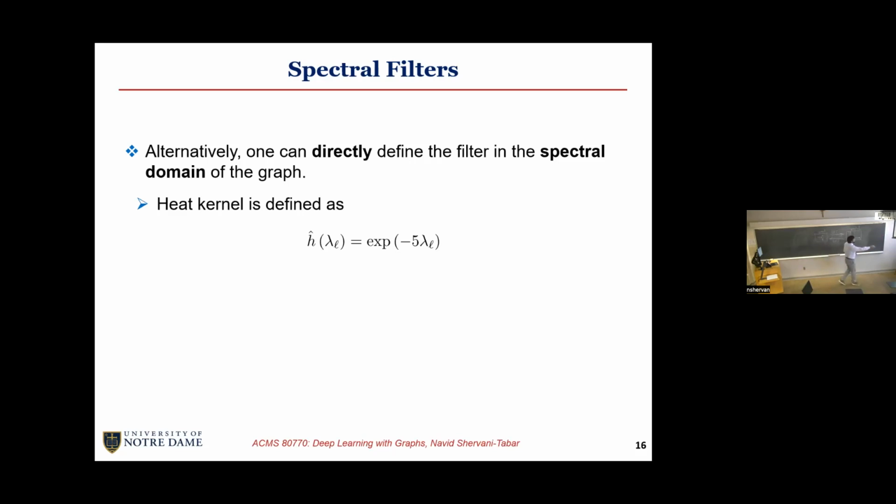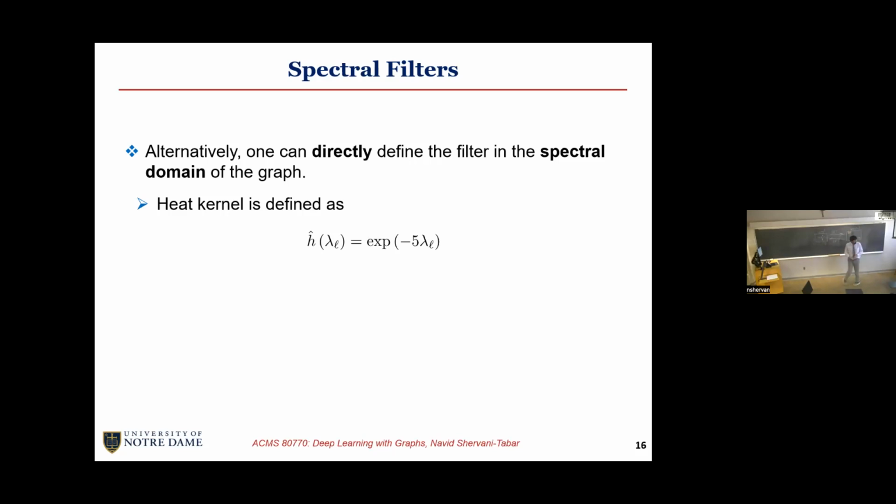So essentially, this exponential of minus lambda L is a filter frequency response, right? We have L here, we have lambda here, we give it to some function, and this gives me H hat of lambda.